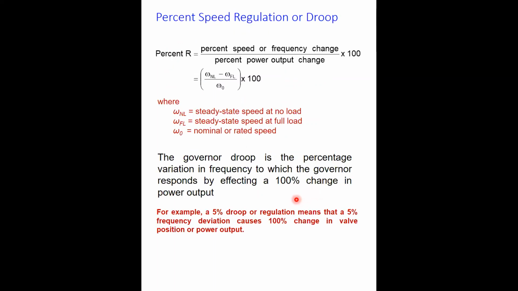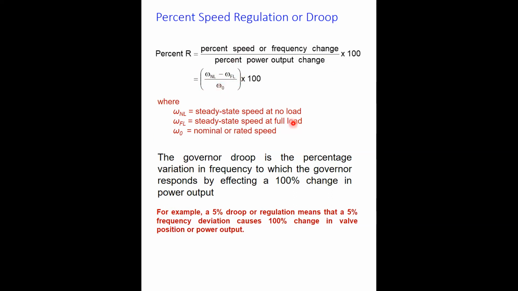So this is how we define the speed regulation or the droop. That is basically the percentage change in the speed or the frequency to the percentage change in the output power. That is, the change in the speed from no load to full load expressed as a percentage of the nominal speed.